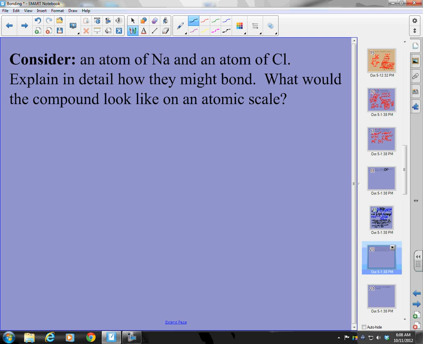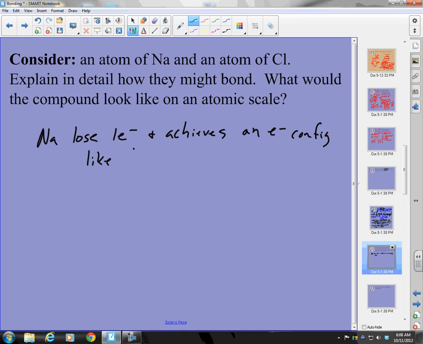All right. What would happen? This is what would happen. Sodium will lose one electron, and when it does that, it achieves an electron configuration like what? If sodium loses an electron, it becomes like what?